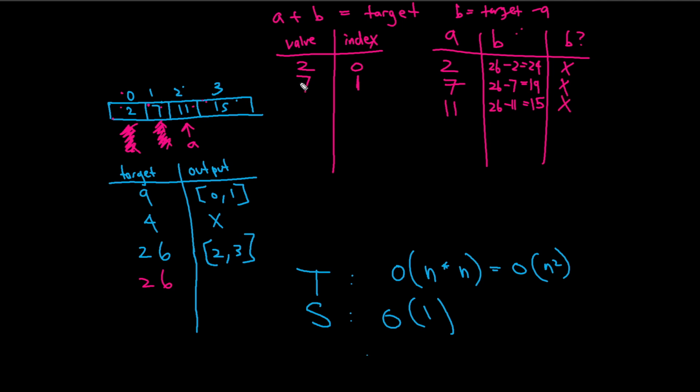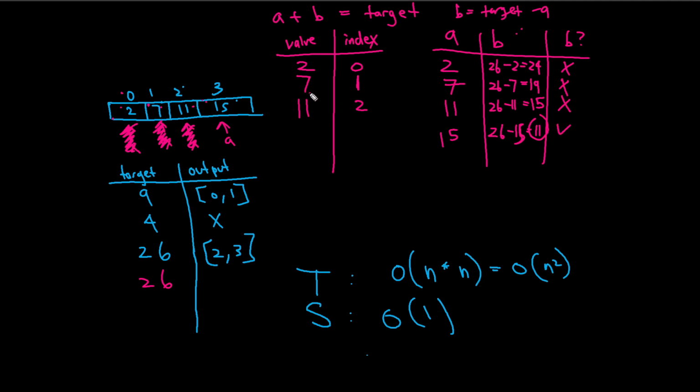No. So we add 11 to our map. Next, we say A equals 15, and we say, does 26 minus 15, which equals 11, exist in our map?